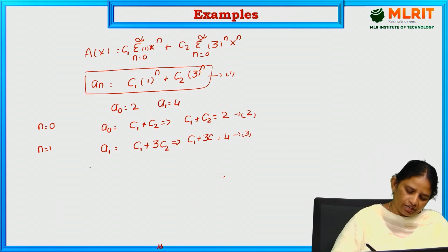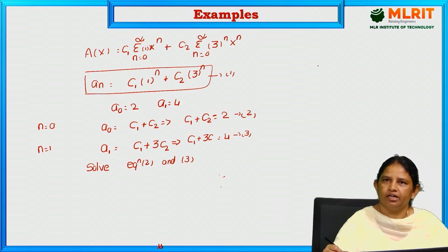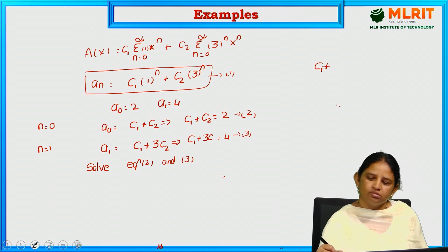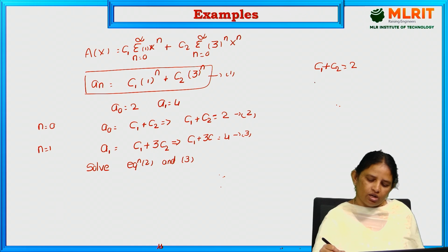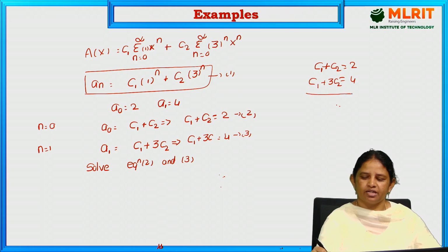Next, we need to find the values of C1 and C2. Solve equations 2 and 3. Here we have C1 plus C2 equal to 2, and C1 plus 3C2 equal to 4. Now we subtract.